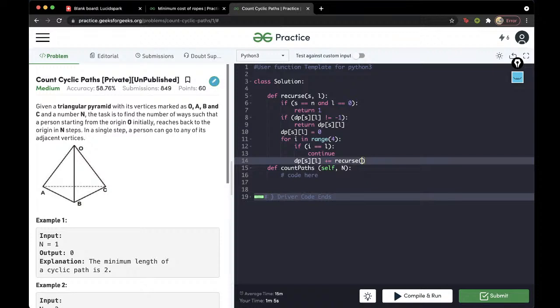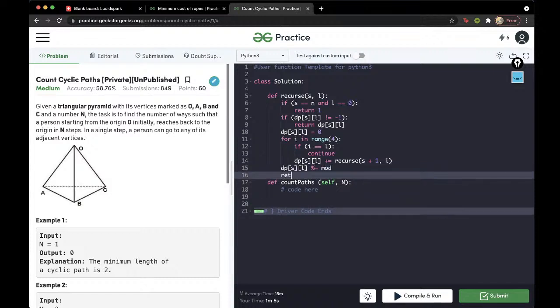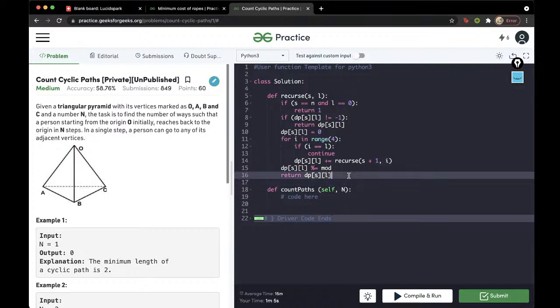Because of i plus 1 comma... right, s plus 1, my bad, s plus 1 comma i. And again you have to take mod because the answer might be too large, and you return this. Right, I hope this function is clear for people who code in Python and not C++.